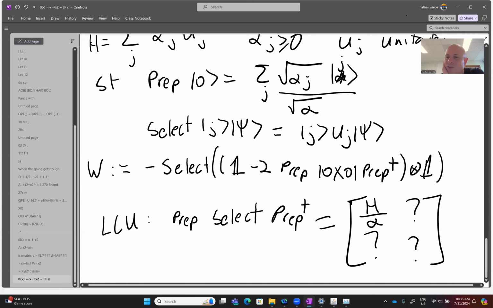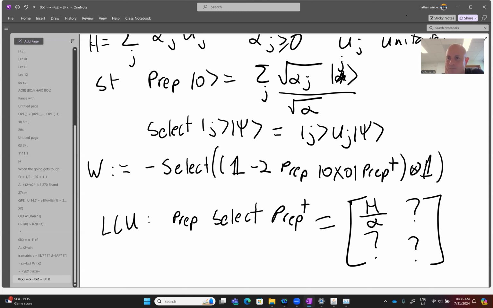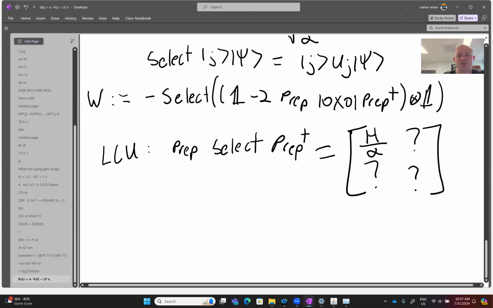So this will end up block encoding the Hamiltonian. But what we want to do is something a little bit different here. What we'd like to do is block encode this as a kind of rotation or a phase that we end up kicking back. So let me just show you exactly how that's all done here.